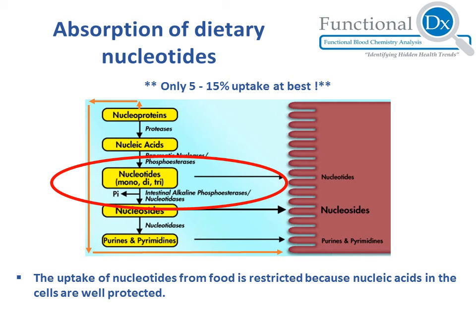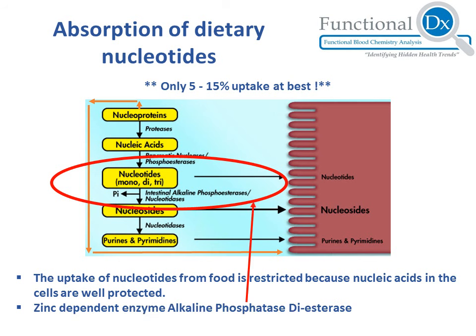Alkaline phosphatase is a zinc-dependent enzyme, and zinc dependency or zinc problems are prevalent. The nucleic acids in the cells are well protected, so getting the nucleotides out is really difficult at the best of times, so you need this enzyme. And if it's low, then you have a problem.